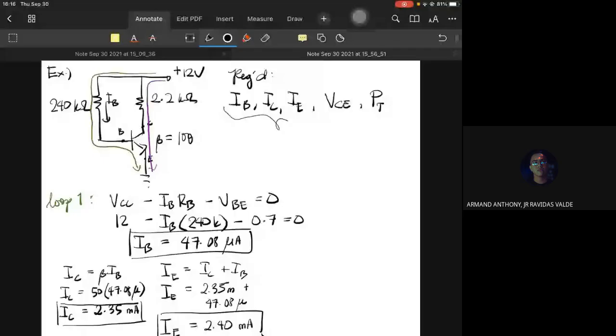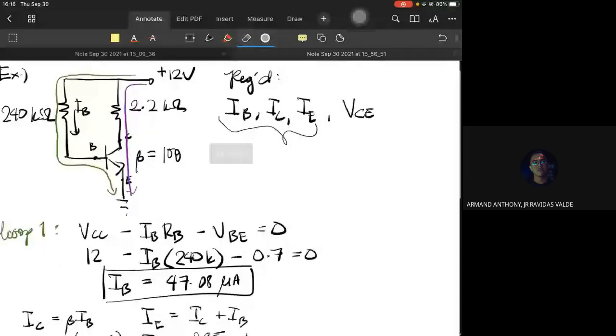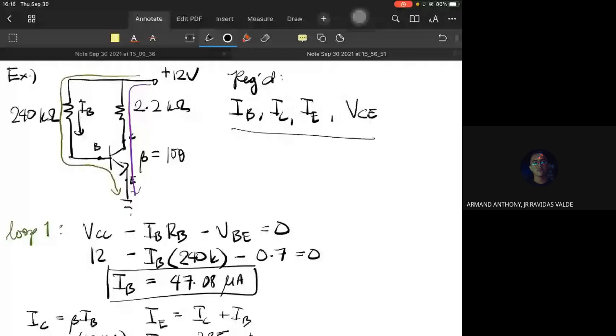Try to solve again for all the currents, IB, IC, and IE. Ignore lang si PT, no? Power dissipated. O VCE, ano lang sila. No? So try to solve again for IB, IC, and IE and voltage VCE. Now that beta is 100. Sige, no? Iboto lang usab akong gibuhat.